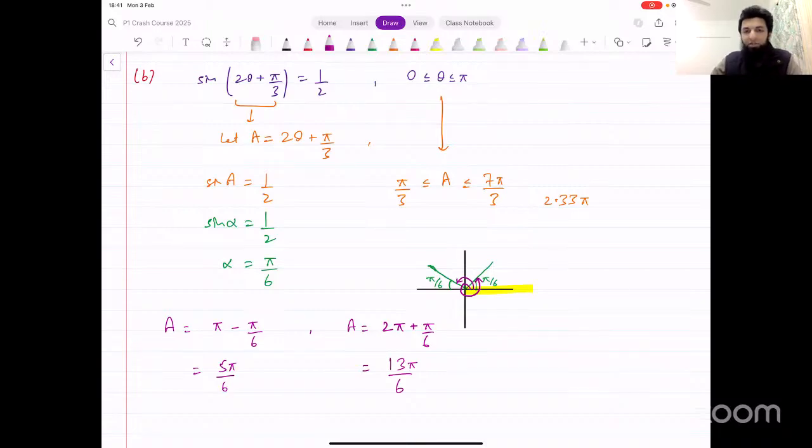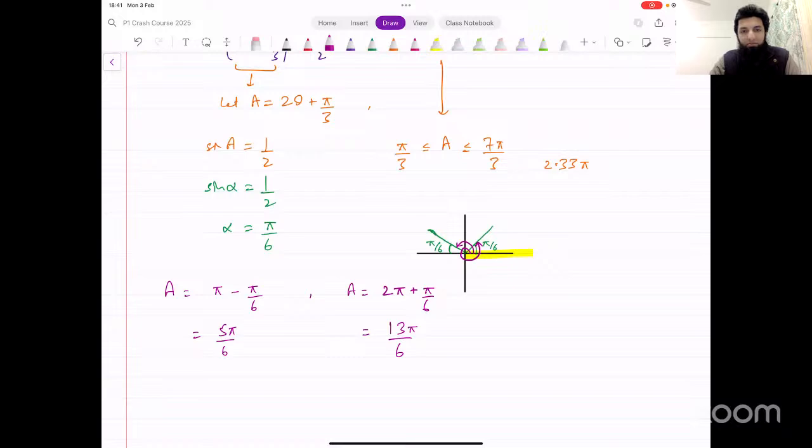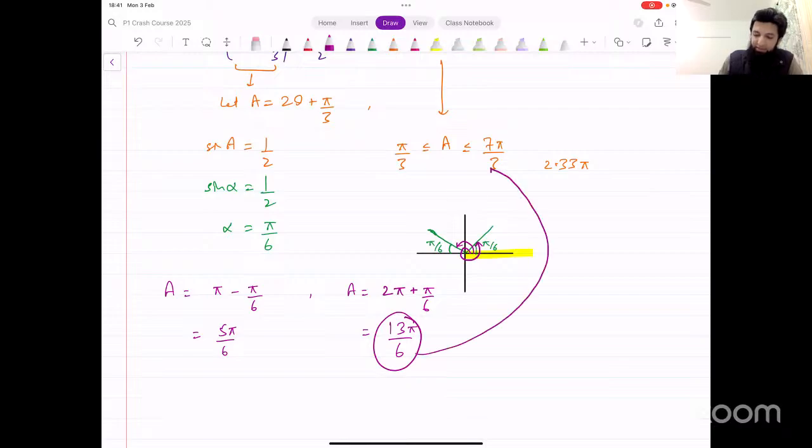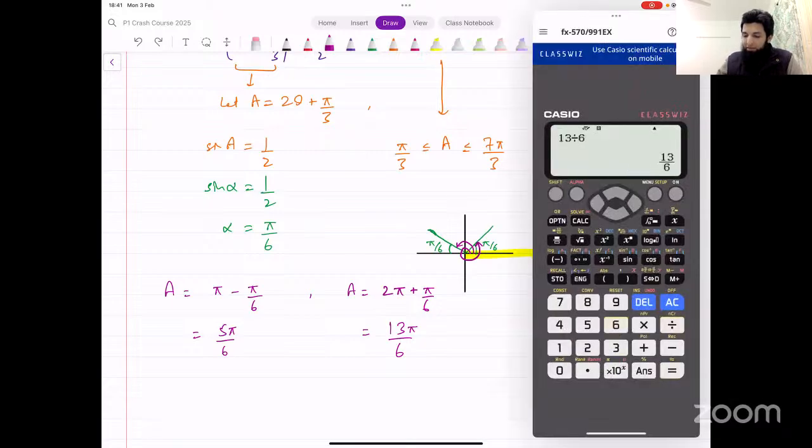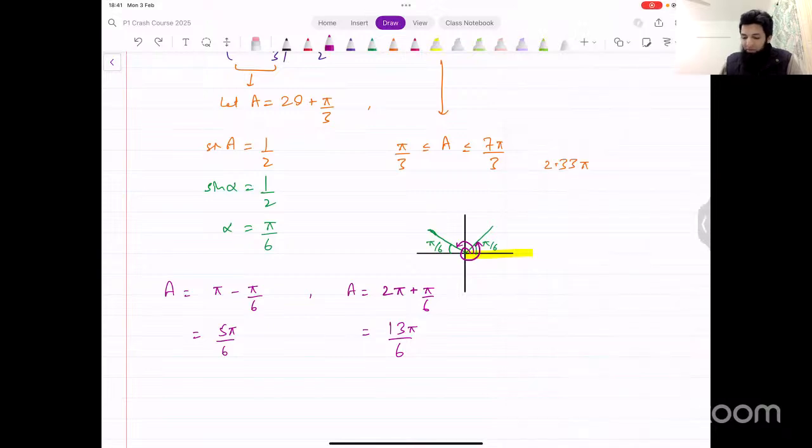That's another possible value of A. Now we need to check if this is indeed in this interval or not. You can do that by converting it to decimals. You put this on your calculator, 13 divided by 6, that is 2.17. So this is 2.17 pi. This is less than 2.33 pi. That means it does fall in the interval as well. So this is another possible value.